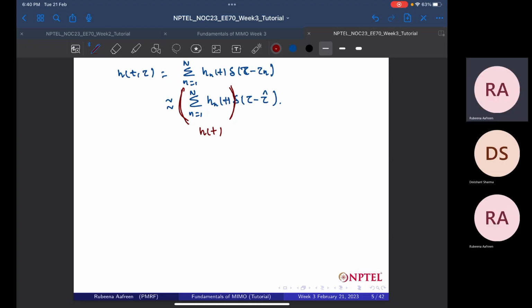So now what I mean to say is that all the transmitted signals are delayed by one common delay and it is multiplied by h(t) and we are getting the received signal.